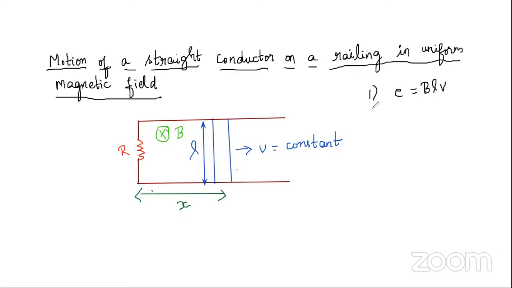And what is the current flowing through the circuit? Current flowing through the circuit is I equal to E divided by R. So E divided by R means BVL divided by R.